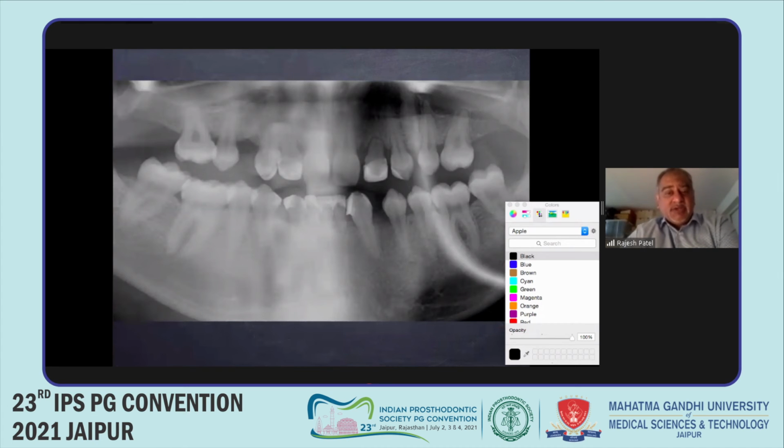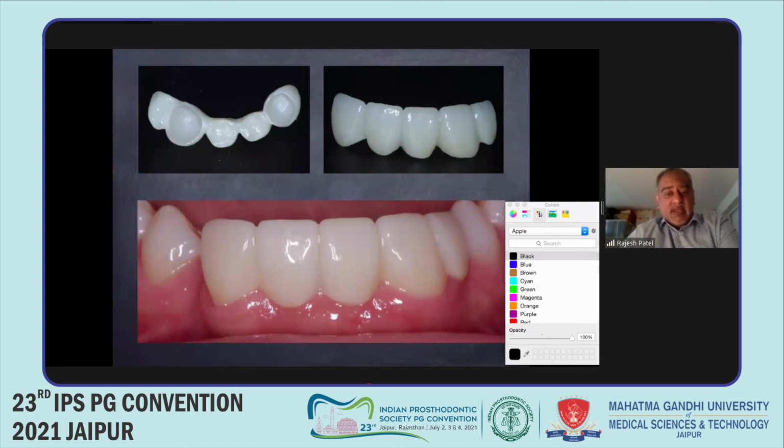So you can see the x-ray, sorry about the artifact, the very short roots of deciduous teeth, but we kept the canines. And this is what we did in the lower. Now, if I can mill it out of e.max, then I will. And I go beyond the guidelines because I know that with e.max we can etch, bond, and glue. And the success rate's quite good. It's just the strength issue.